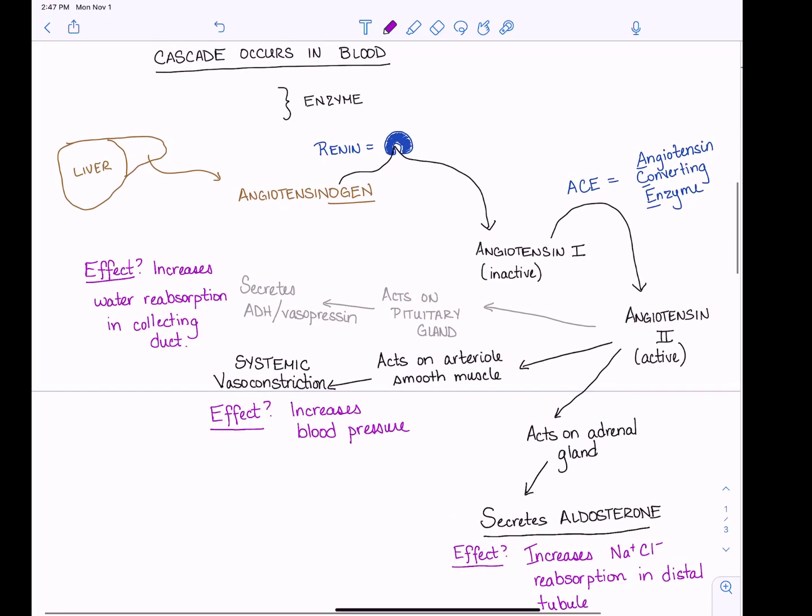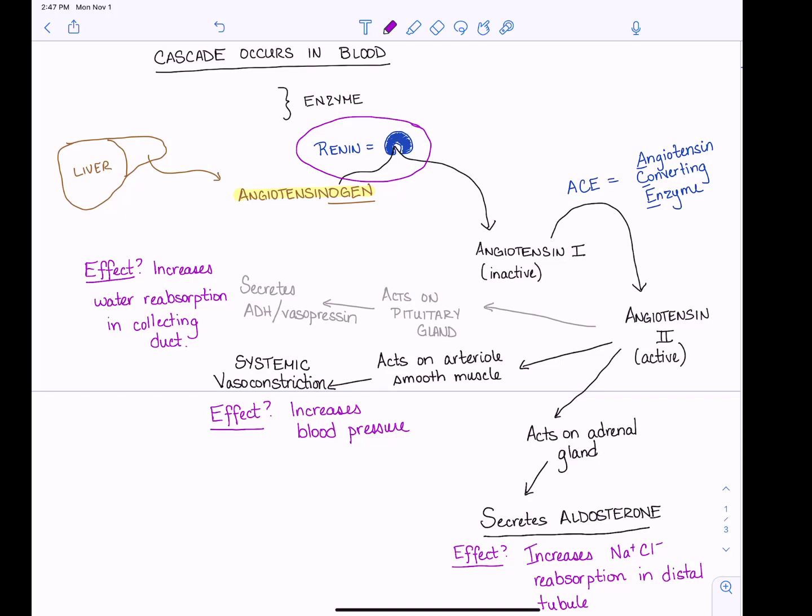Now, what controls whether or not this pathway will happen? It turns out that the linchpin in this pathway is the availability of renin. Angiotensinogen is a plasma protein that is always secreted from the liver, so therefore it's always available. But renin is not always available.